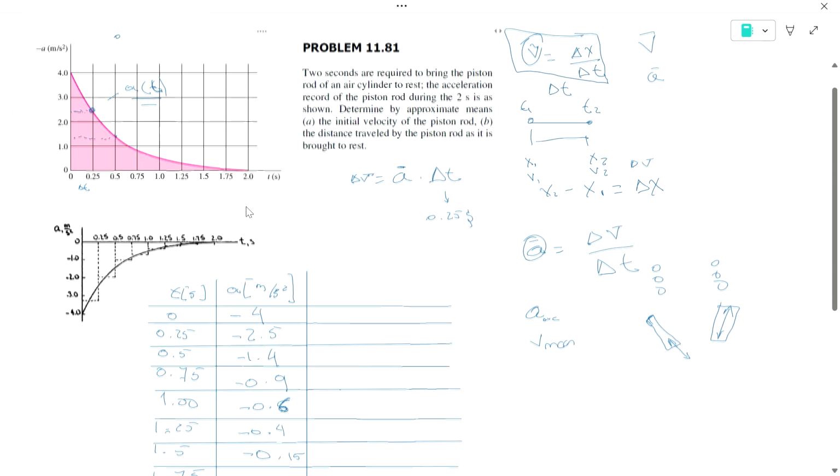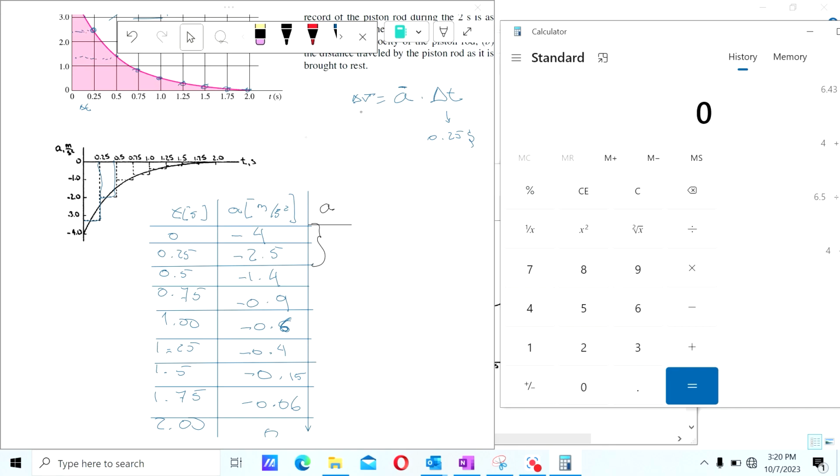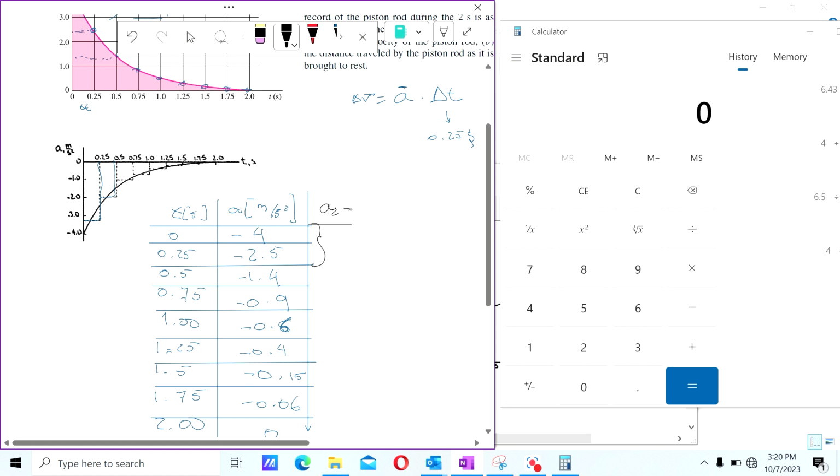All right, so the next thing we need to do is find out what would be the average acceleration. So what we're doing right now is finding each point on the grid. So this is going to be acceleration from point 2 plus acceleration from point 1, and that is going to be divided by 2.